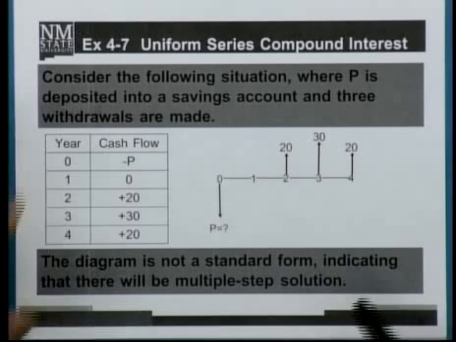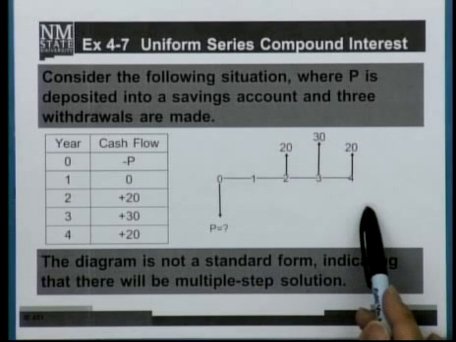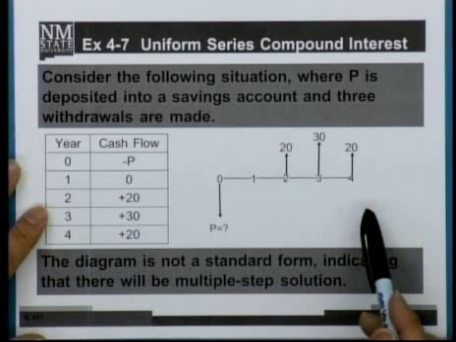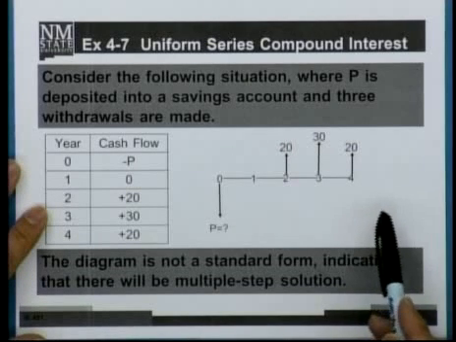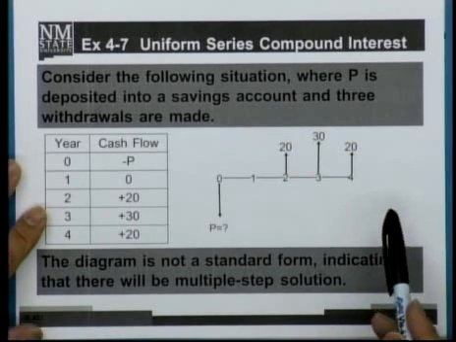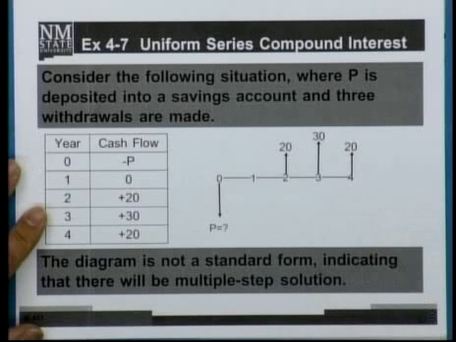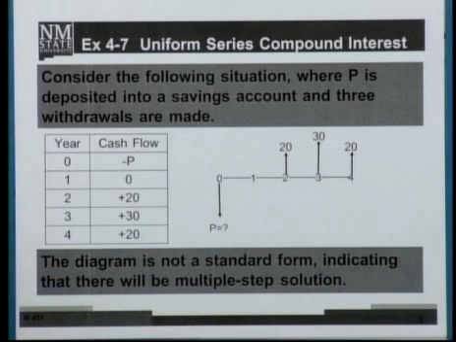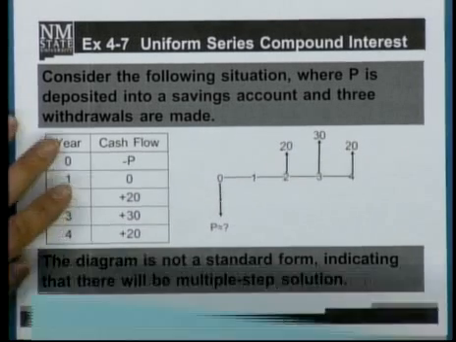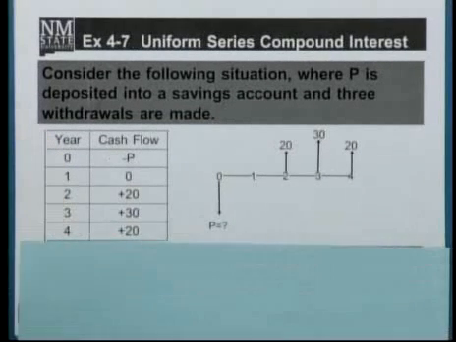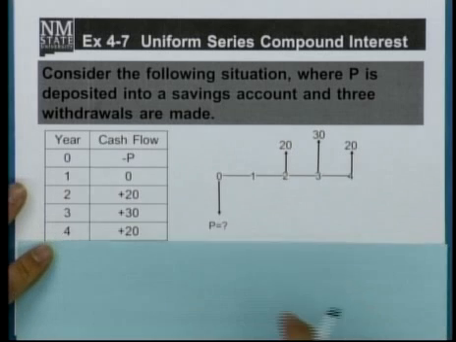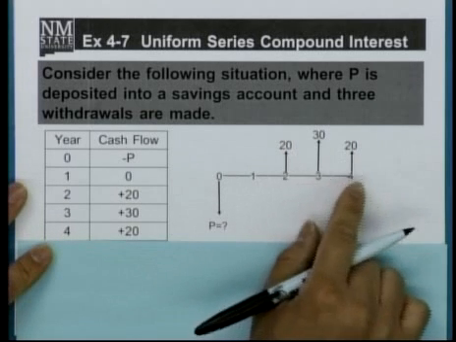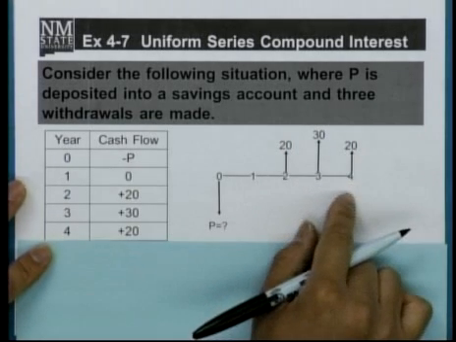Of course, the diagram is not a standard form, so this implies that we might need multiple step solution approaches. Okay. So first, you may think the given cash flow is a series of 3 single withdrawals, F.